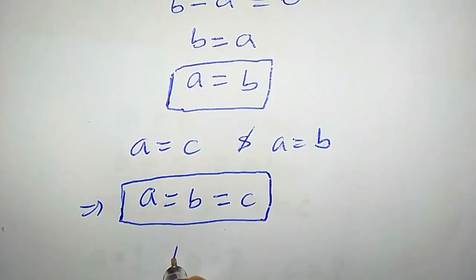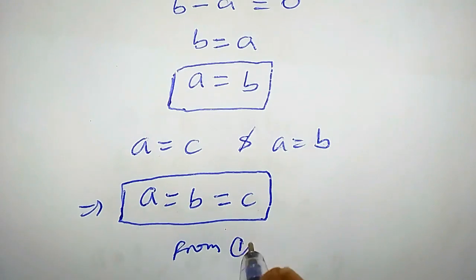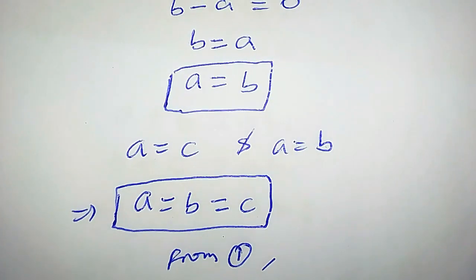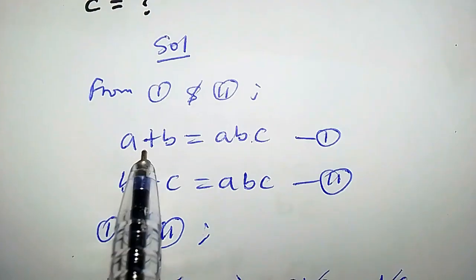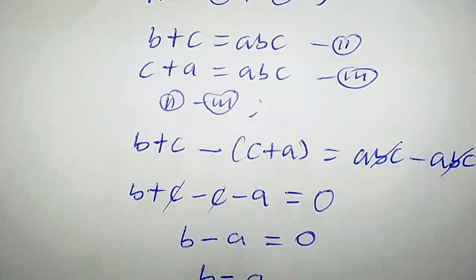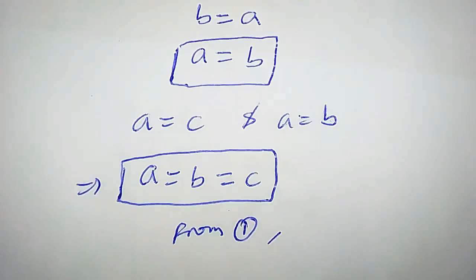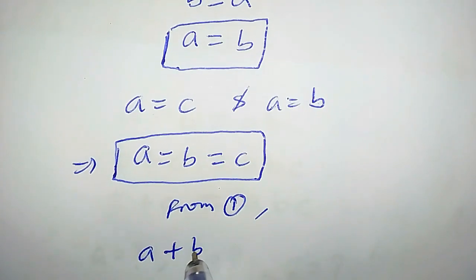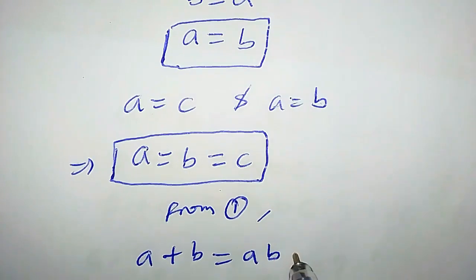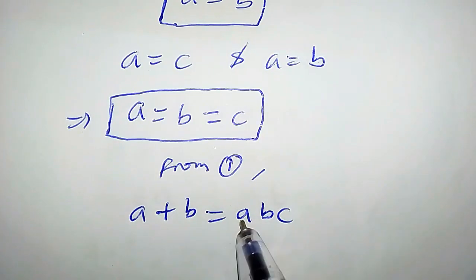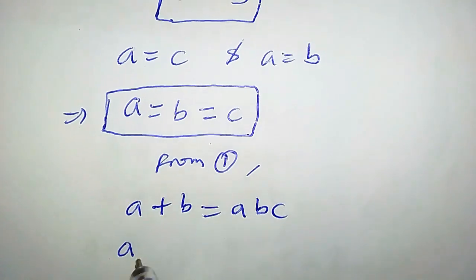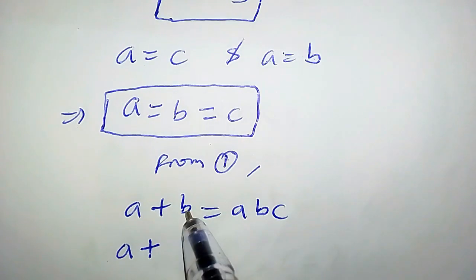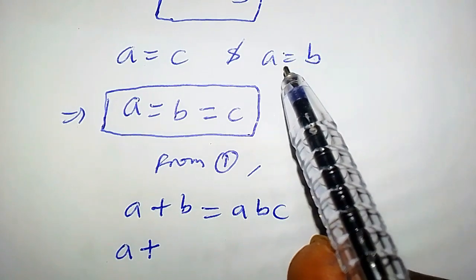Now, from equation 1, what do we have in equation 1? a + b = abc. We can rewrite all this in terms of a. So let's go. We will have a plus, what is b? b is equal to a.